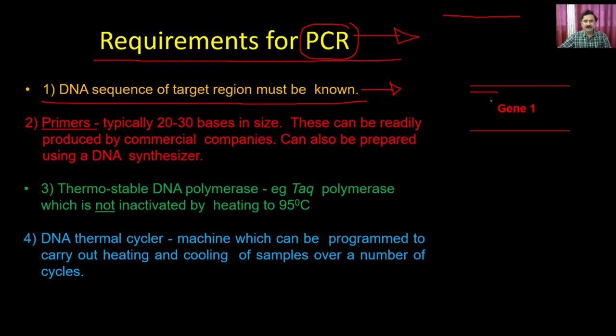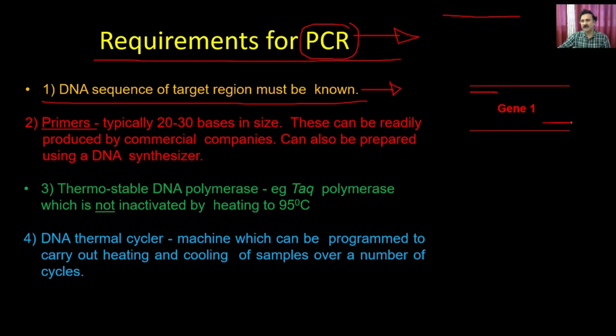Although primer synthesis and primer designing are beyond the scope of this chapter, just for your understanding, primers are nothing but complementary sequences to this particular gene at the 5' end. For example, in this case, this is the 5' end, and in this case, this is the 5' end.